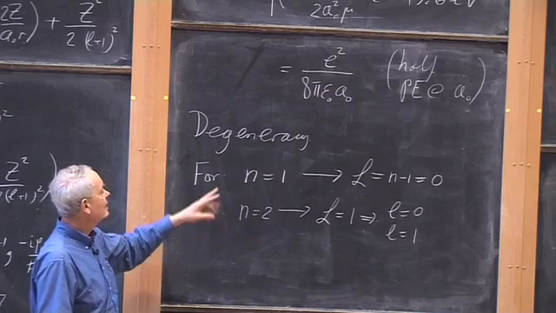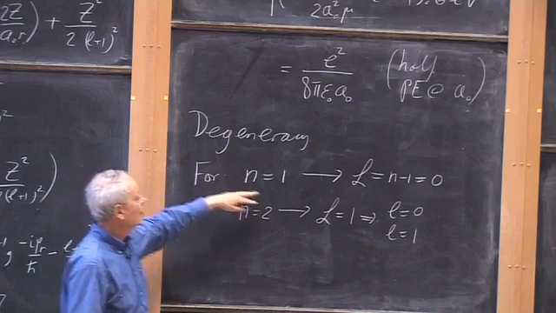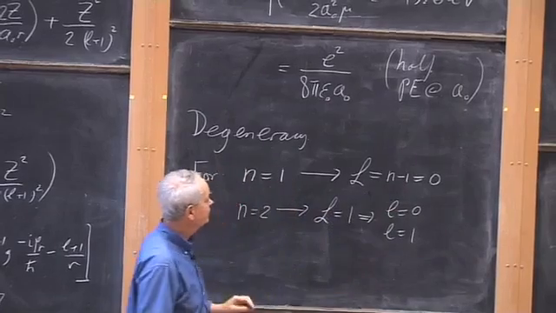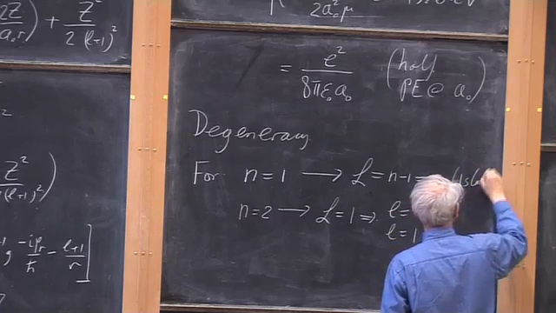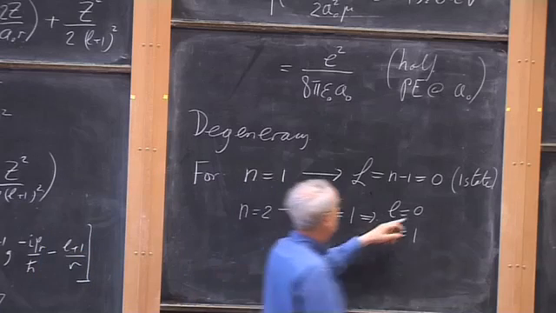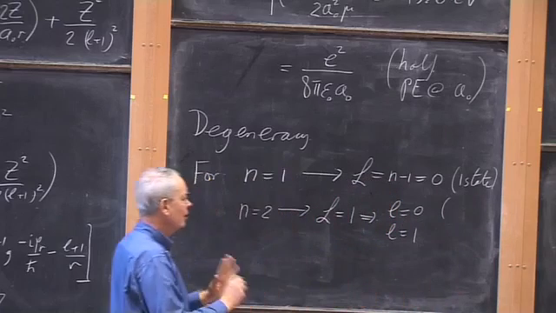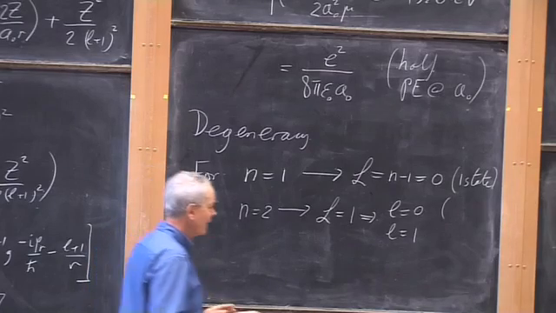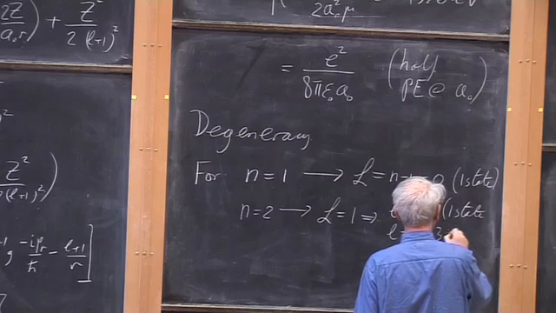But now, what one standardly does is think about the value of n, and from it one takes n minus 1 as the maximum angular momentum. This is for a spinless particle. It'll turn out to be two states when we include the spin of the electron. But remember, we said we were going to forget about the spin of the electron. Here we would have one state, and here we would have three states.